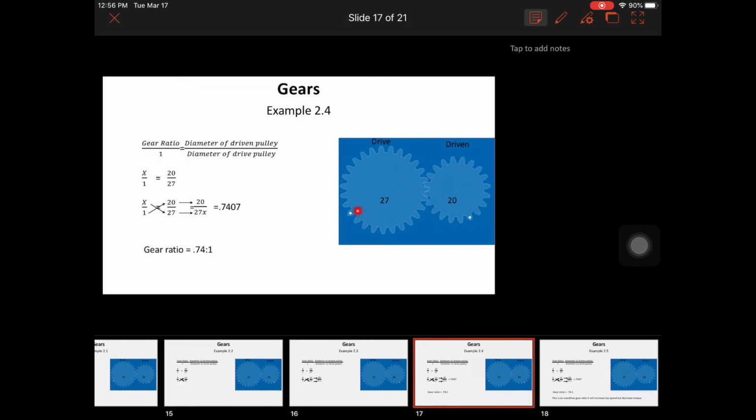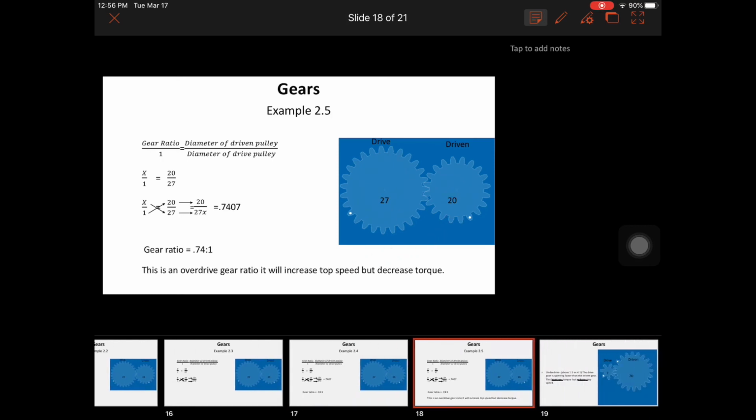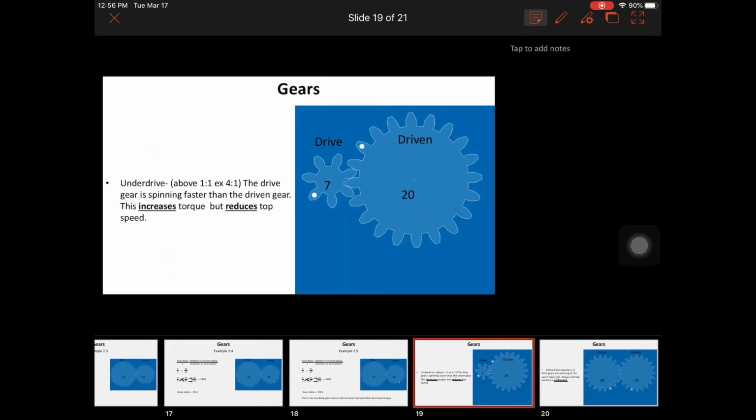So this one is actually rotating slower than the output, which means that in this situation, we are going to have an overdrive. It will increase the top speed, but it's going to decrease the torque. That's a trade-off. So now, let's figure this is like 5th gear in the transmission, and now we're cruising down the road. We want to get the engine RPMs low so we're nice and efficient. That's kind of the whole entire goal with gears and ratios.